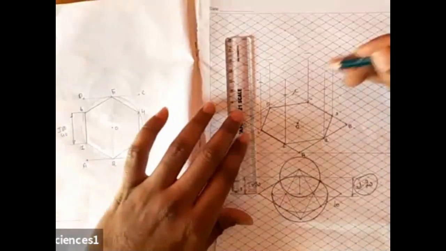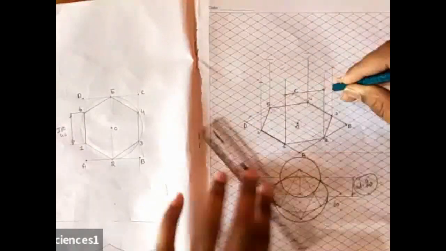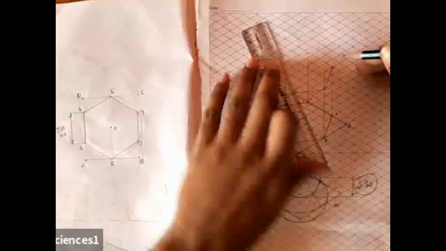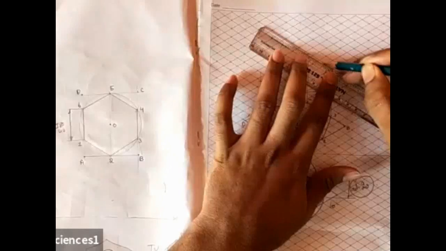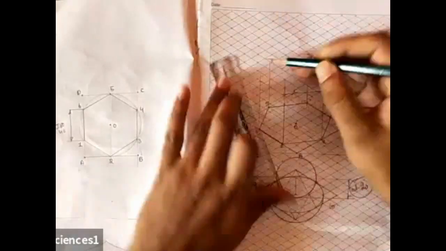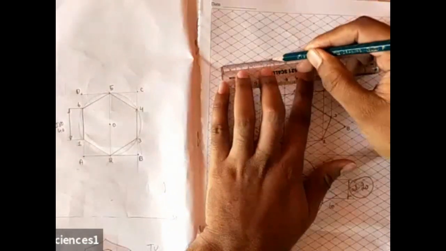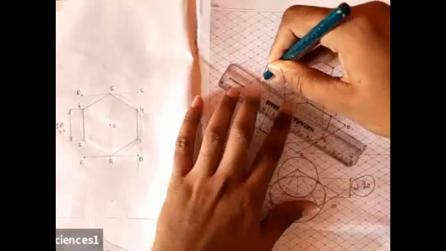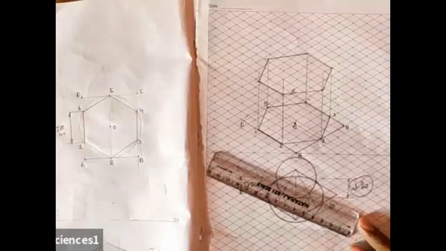Now you just join the top. Done. We are done with the hexagon prism.